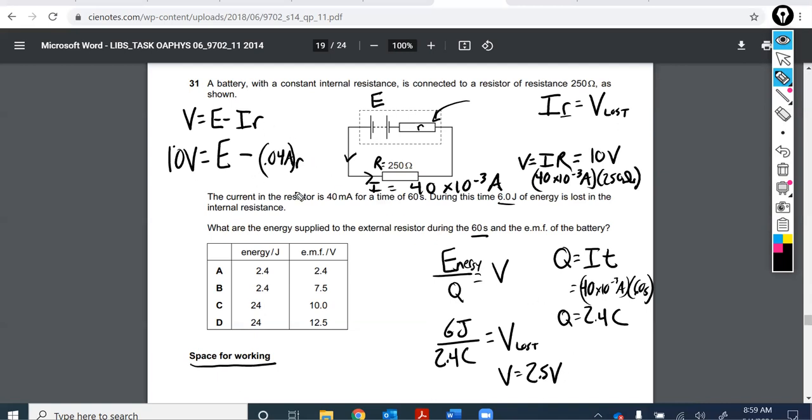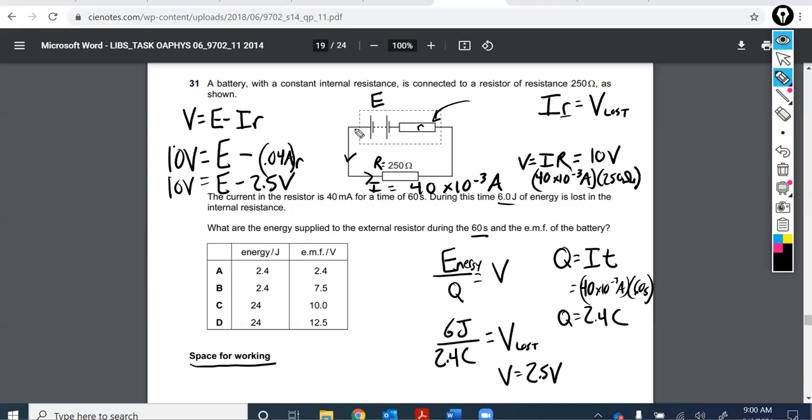And so now we know this term here. So we have the EMF is something minus 2.5 lost volts gives us the 10 volts we've already calculated, that we know is the terminal PD, because that's the V equals IR voltage drop across this external resistor.